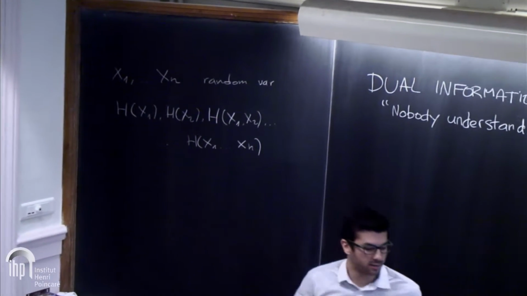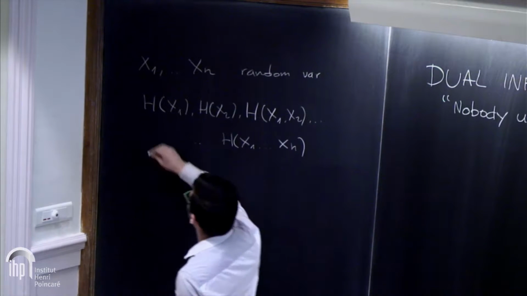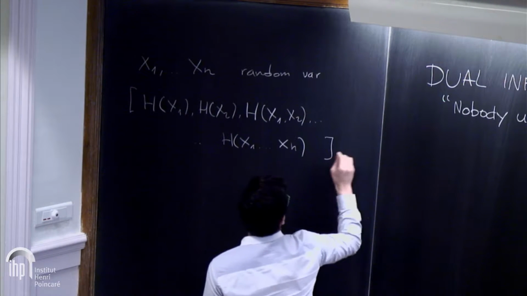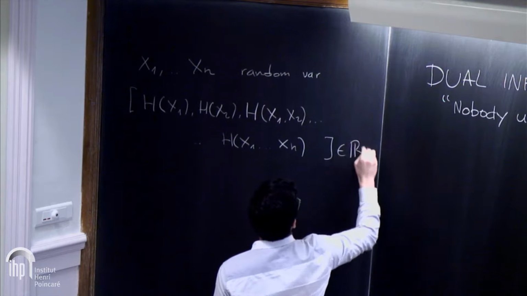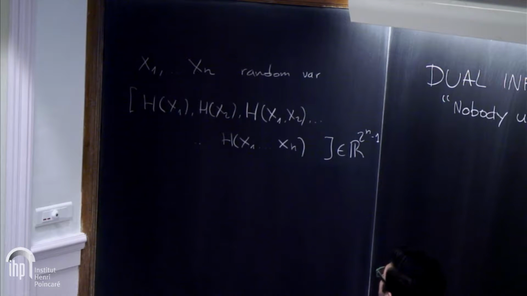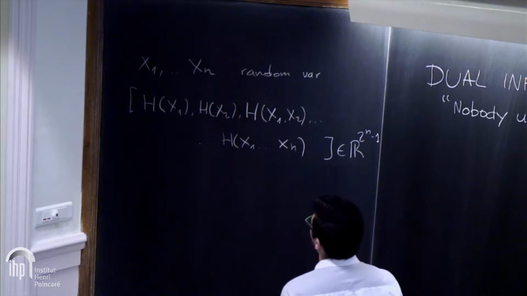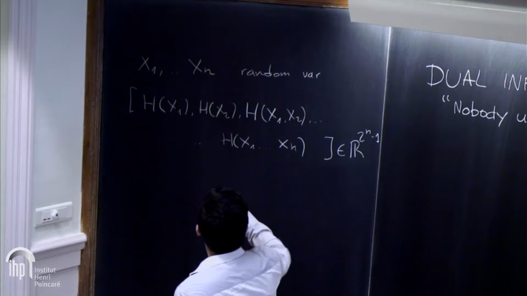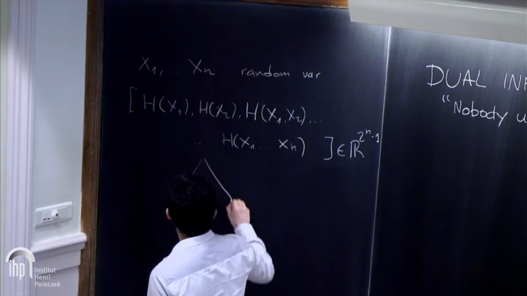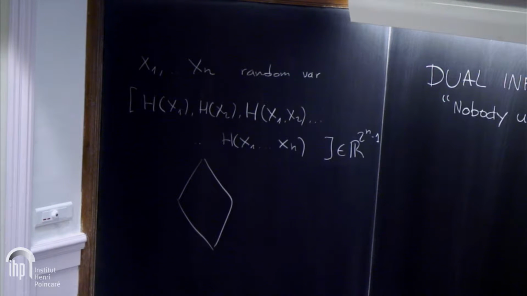Whenever we have some random variables, we can look at this vector, which belongs to R to the 2 to the n minus 1, since we have 2 to the n minus 1 possible entropies. So we have a point in this space. Its closure is convex, and we know some properties.